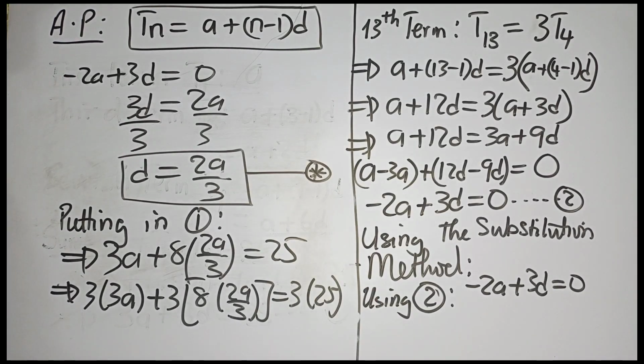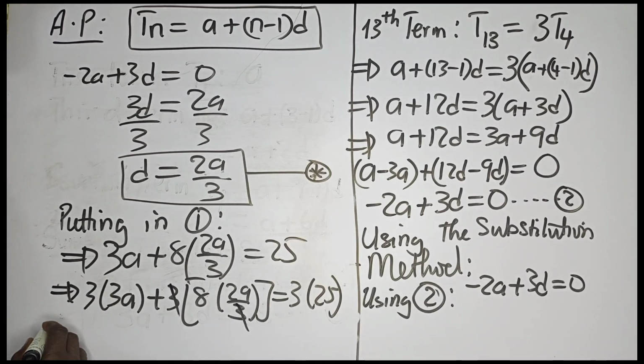What I've done is to multiply each member by 3. This is mathematically correct because we have respected equality. Whatever has been done to the left hand side has also been done on the right hand side, but this will simplify our work. This 3 will now cancel with this. We'll no more have any fractions to deal with.